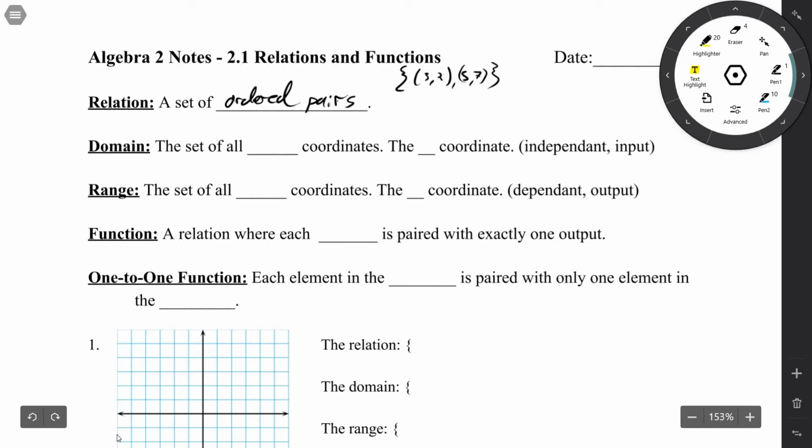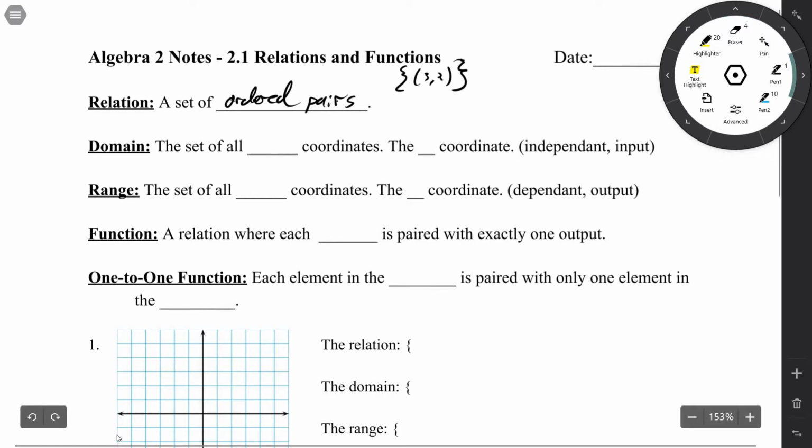This is a relation. And we could keep on going and just have hundreds of these sets of ordered pairs, and it would still be a relation. We can get rid of everything but just one, and that would still be a relation, a very short one, but still a relation nonetheless.